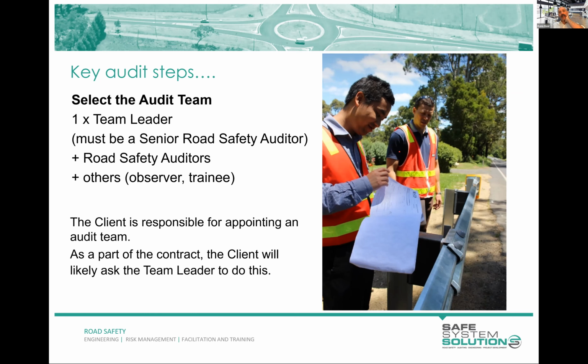Or it could be somebody like the principal of a local school who comes in and gives some information, or the local police officer. And trainees are people who are aspiring to become a road safety auditor, perhaps haven't done the course yet and are not on the register, but are trying to learn and contribute.